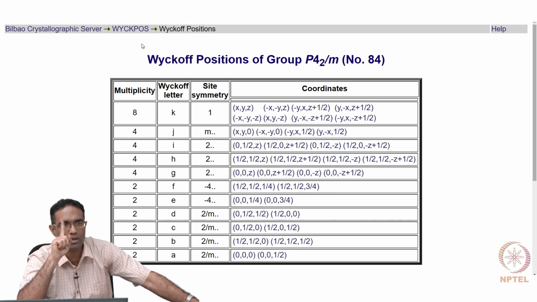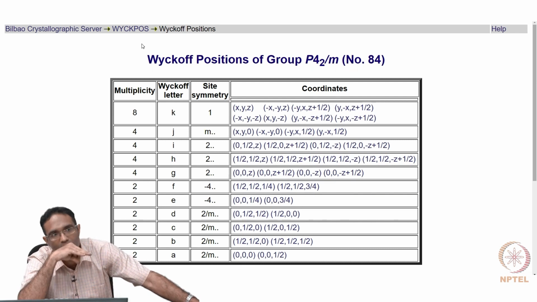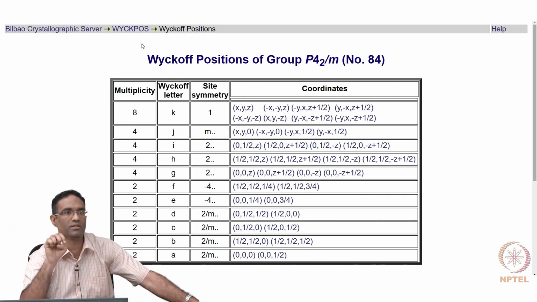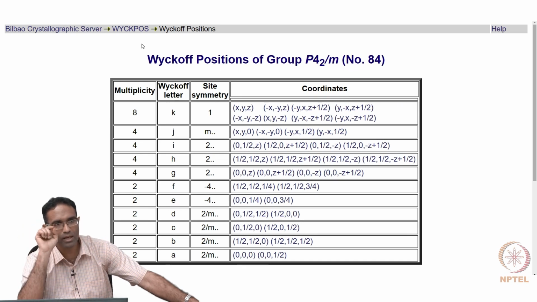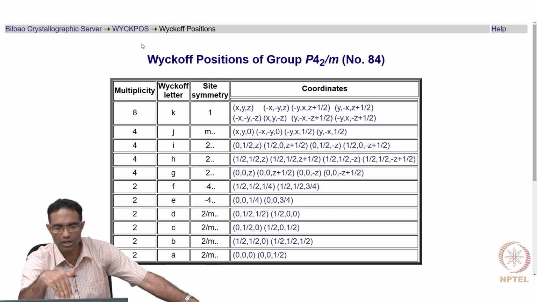Site symmetry is 1. So the question is, what is the site symmetry? Site symmetry means it's a general point. The particular point is not lying over any symmetry element. That's what it means. If it starts to lie over a symmetry element, the multiplicity reduces. For example, for the point 4j, the multiplicity is m. That means that point lies on the mirror, right?